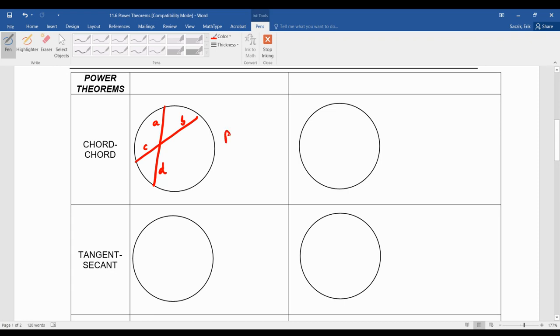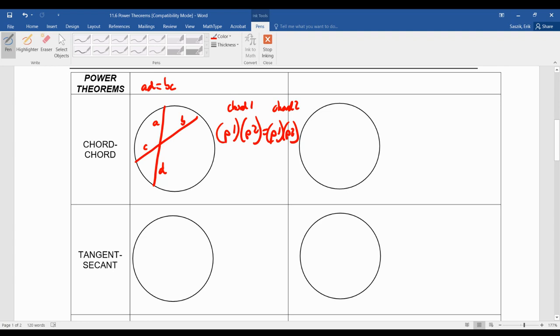The power theorem states that part 1 of the first chord times part 2 equals part 1 times part 2 of the second chord. So really it's just part times part equals part times part. So in this particular problem, obviously AD would end up equaling BC. So that is the power theorem.